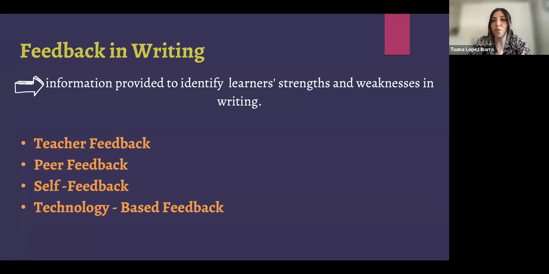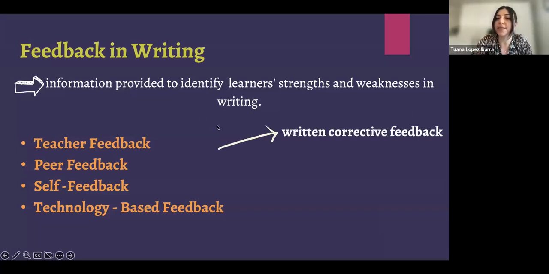For example, we put our written work in a system, and the technology-based feedback tools, like platforms, provide us feedback, show us our mistakes and how to correct them, and even start giving feedback on content as well, not only on the grammatical accuracy level.